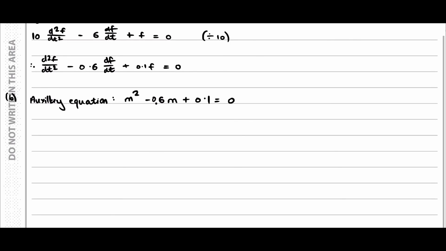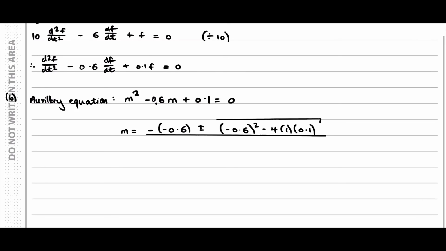So if we solve for m, m is equal to 0.6 plus or minus the square root of 0.6 squared minus 4 lots of a lots of 0.1, and then divide by 2a.